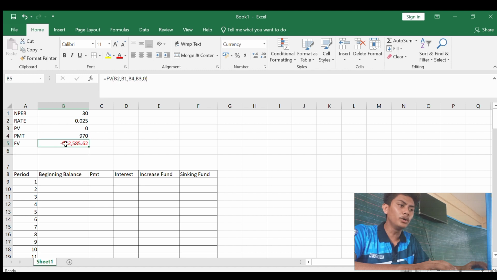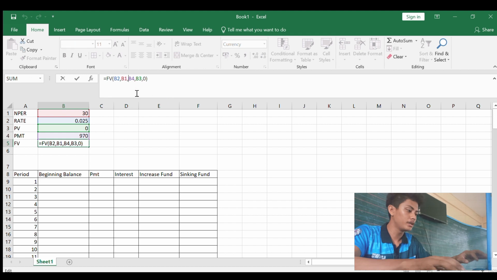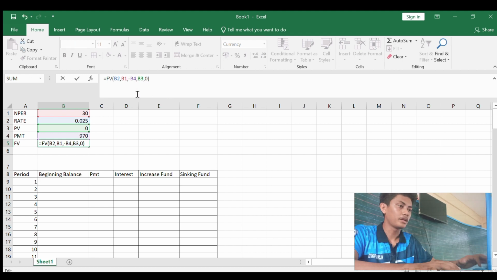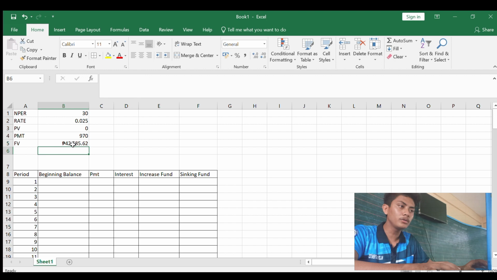So how to have a positive future value? You can put a negative sign on the PMT, so you can put a negative sign on B4. Enter. So that's how to solve the future value.